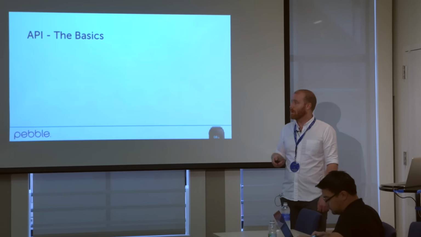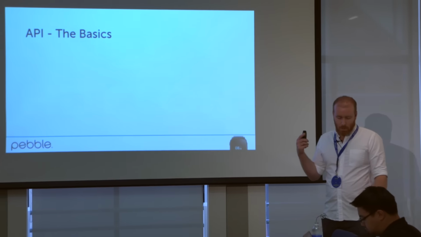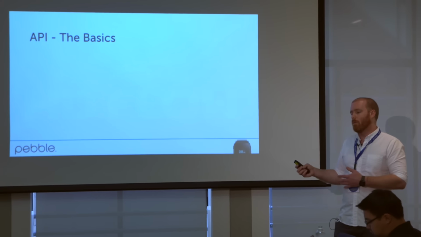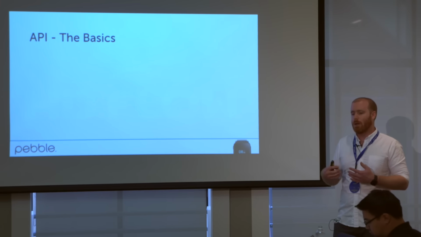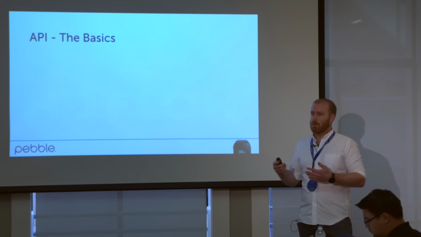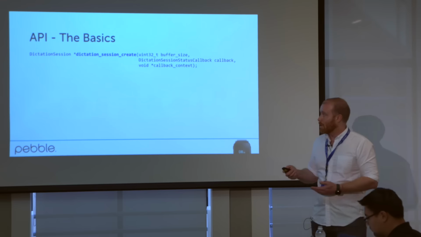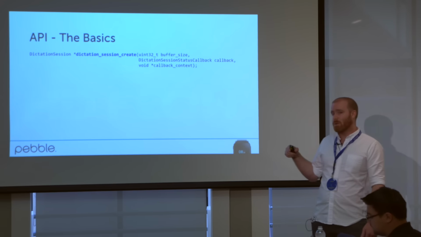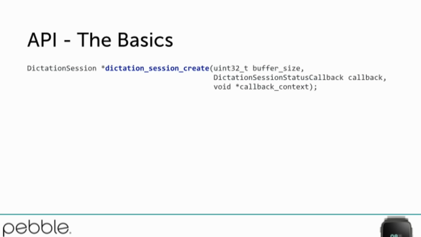So, the basics of the API. We try to keep the API simple. It's quite complex under the hood, but we wanted to provide an easy way for developers to get freeform text input. The three most important functions are creating a session, where you need to provide a buffer size, which is how much memory we will allocate for the text that we receive from the phone.